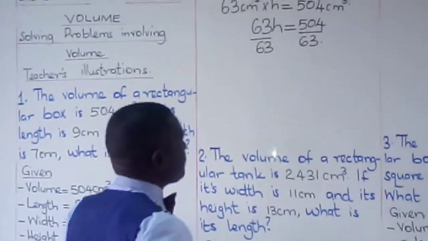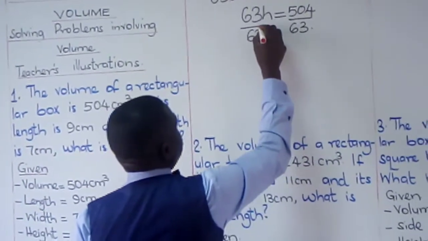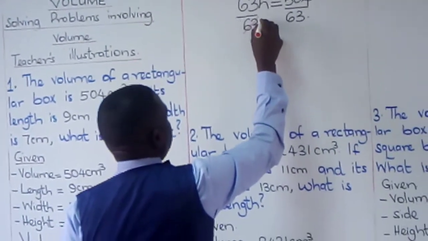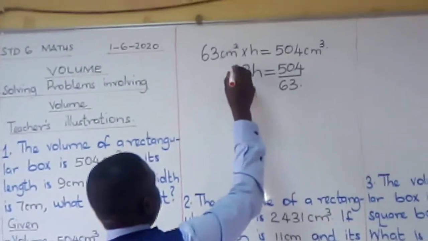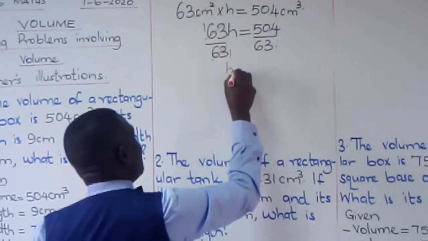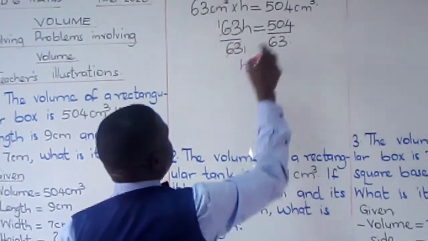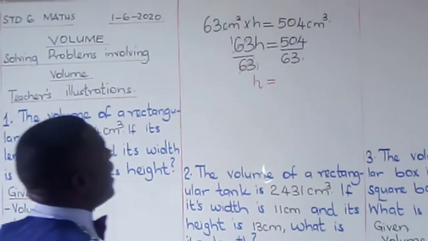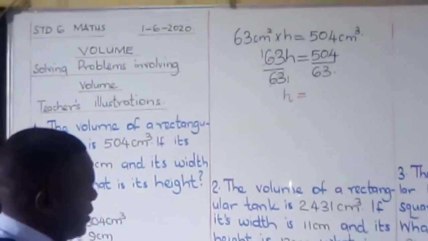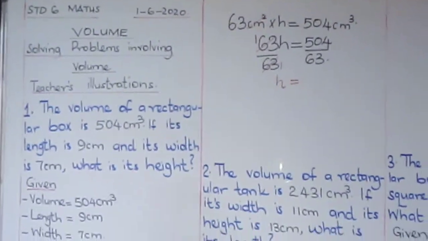Right? And then we can cancel. 63 by 63 is 1. So this side, we are remaining with h alone. We don't know what this is going to give us. We are supposed to divide. Let us divide at a separate place.